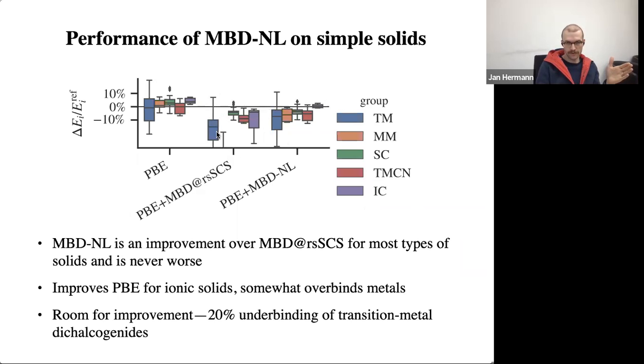wrong, right? So typically, most importantly, the metals, suddenly you have a completely overbound description. Likewise, the ionic compounds can be completely off. And so essentially, you can't really use the original Hamiltonian for modeling these kind of compounds.